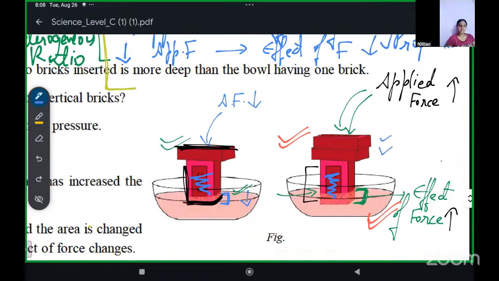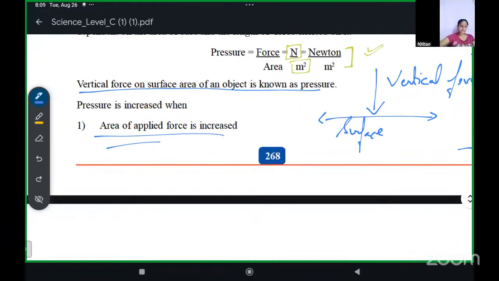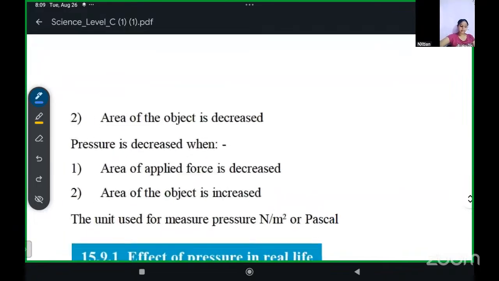When the quantity of bricks increases, the pressure will increase. When you apply more force, pressure increases, when the area of applied force increases and when the area of object decreases.